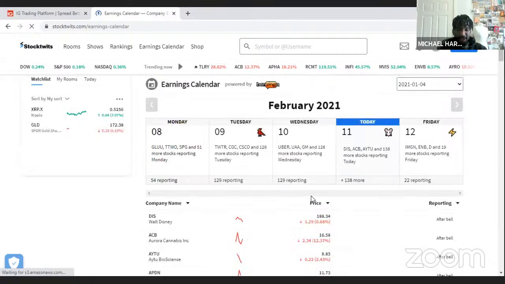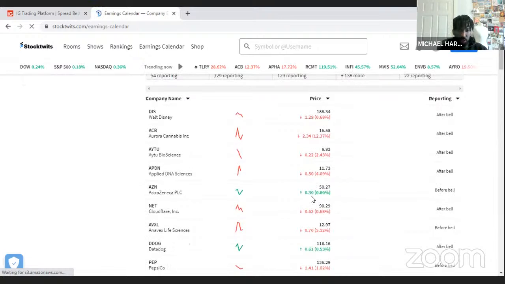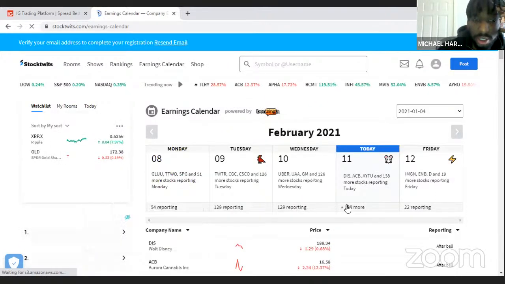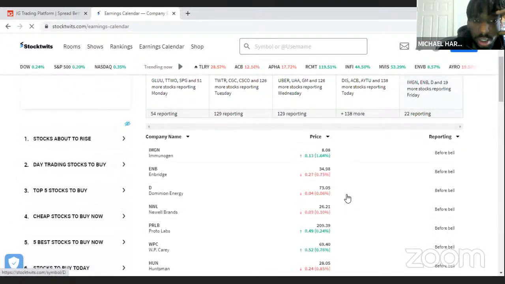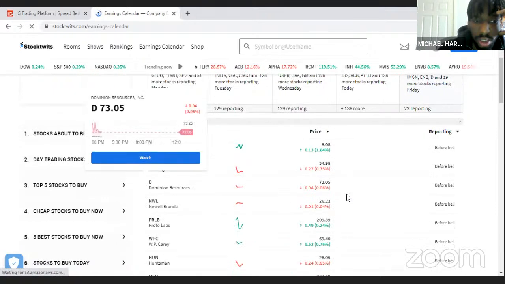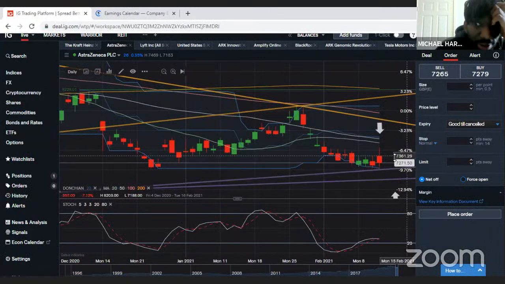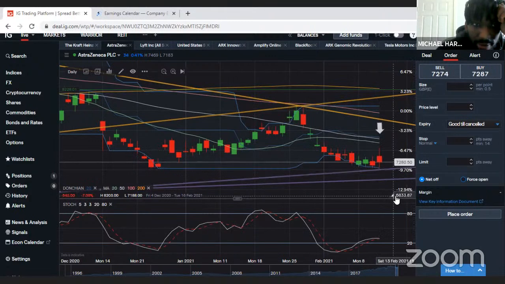They've literally just done their earnings today. Yeah, so have Disney, so is Pepsi, so is Kraft Heinz. That is very, very interesting.